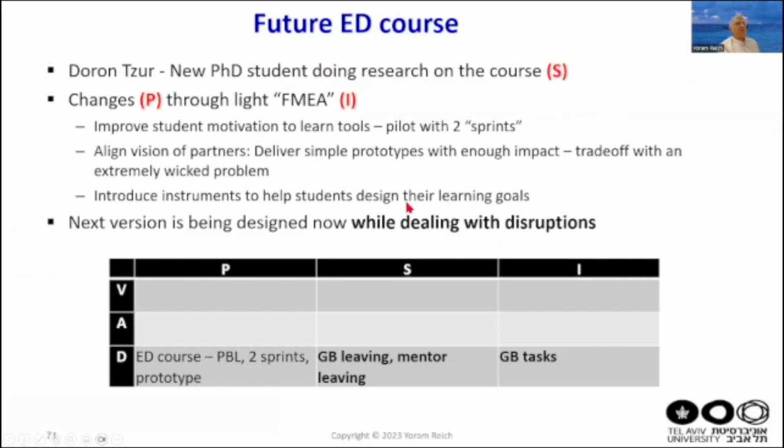In the future, for example, one of the people now is Doron Tsuri, a new PhD student doing research on the course. It's a necessary item because we want to really understand what works and what doesn't. For example, we now have a challenge because the administrator of the course is leaving, and in a meeting this week, Doron told me, shouldn't we now use our tools to address this problem?